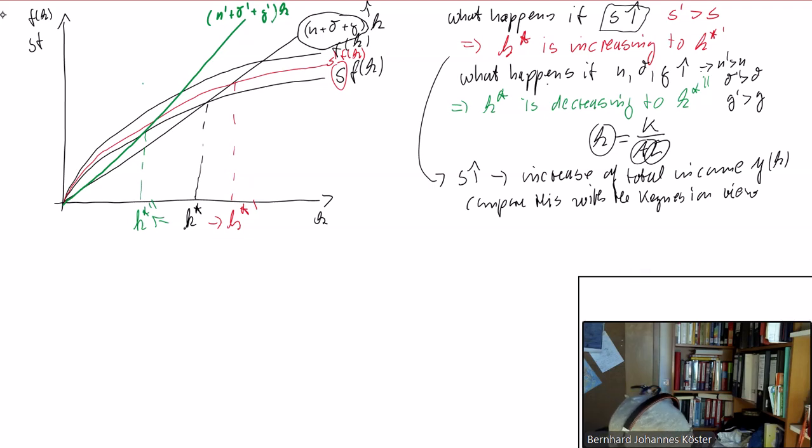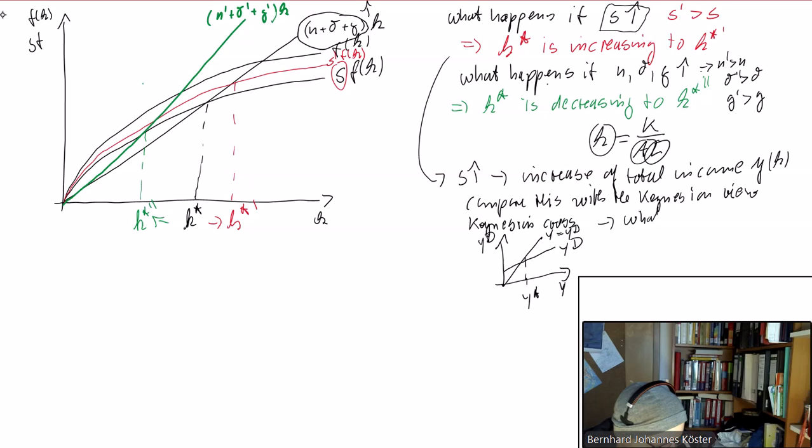There, remember the Keynesian cross, looking just at the commodity market. YD, Y, Y equals YD and YD. Here we had equilibrium income.